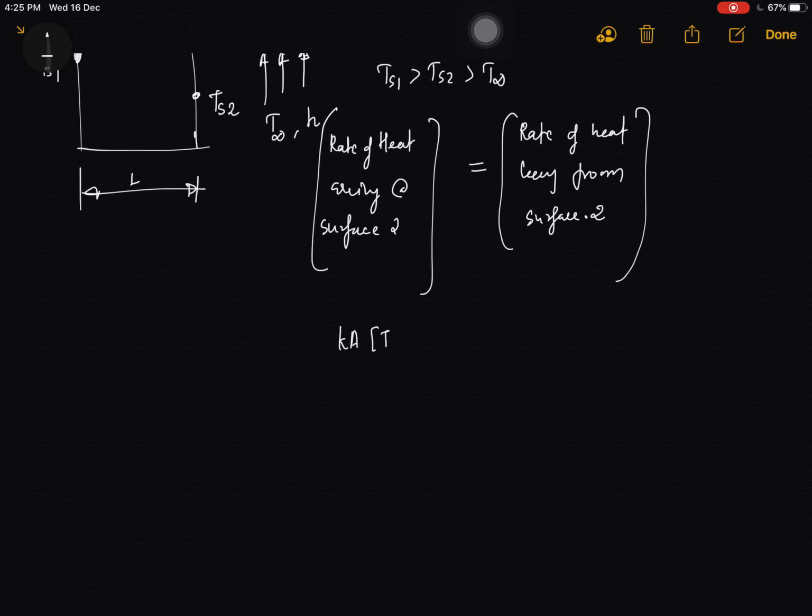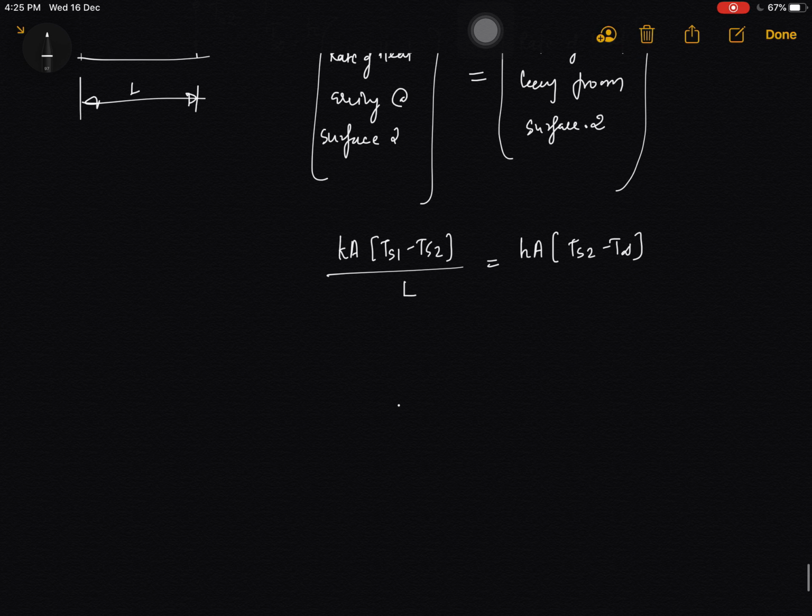We can represent it mathematically as kA (Ts1 minus Ts2) by L equal to hA (Ts2 minus T infinity).